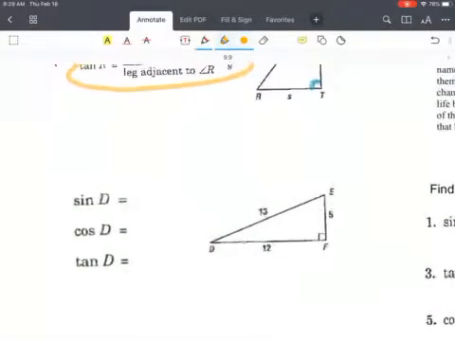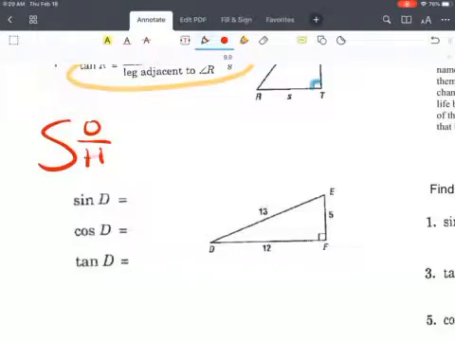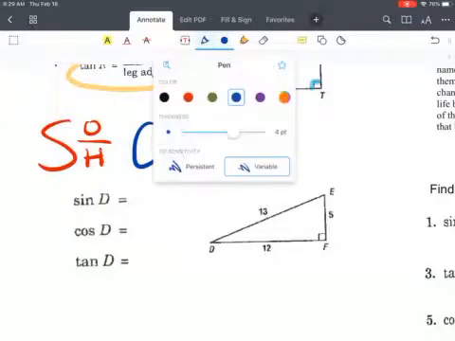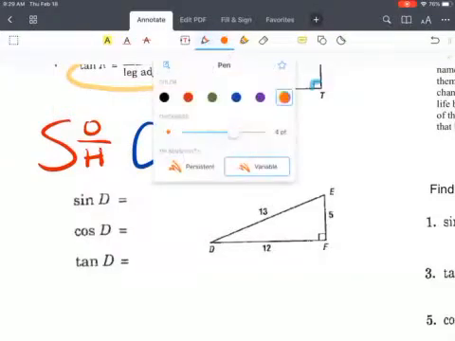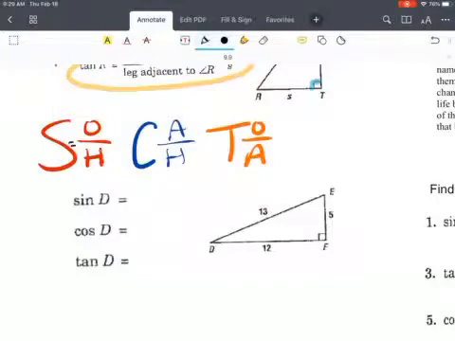So we need to remember, and I like to write, Sokotoa. So the sine is equal to the opposite over the hypotenuse. The cosine is equal to the adjacent over the hypotenuse. And the tangent is equal to the opposite over the adjacent.